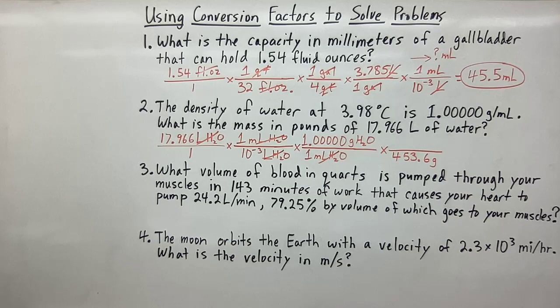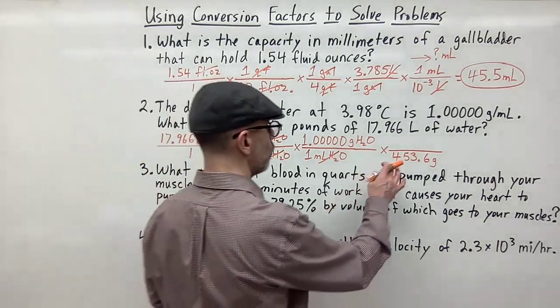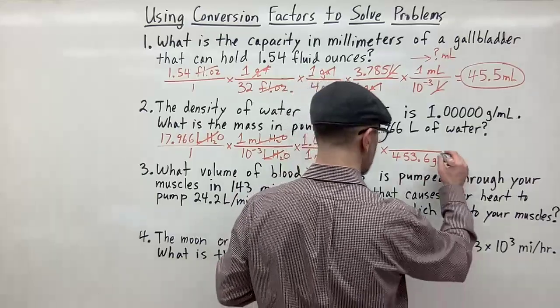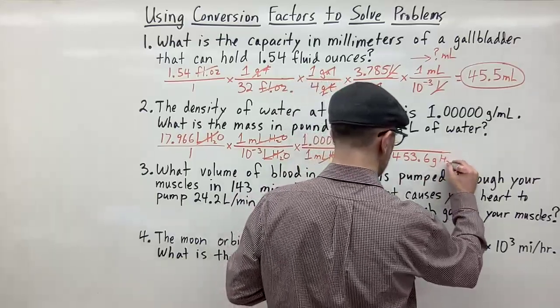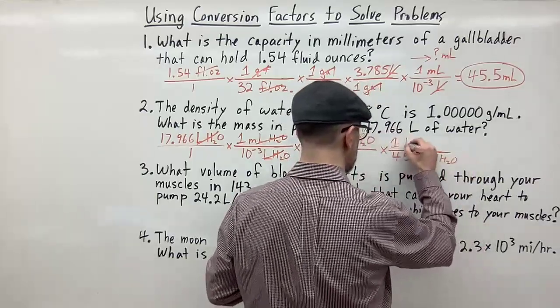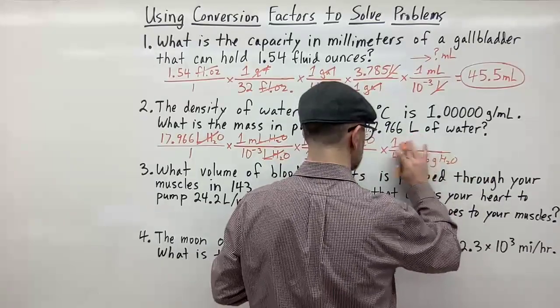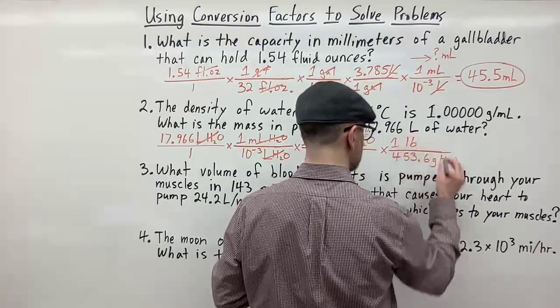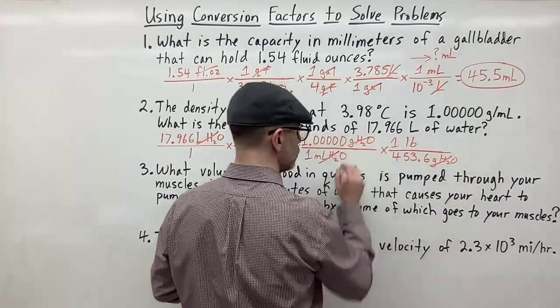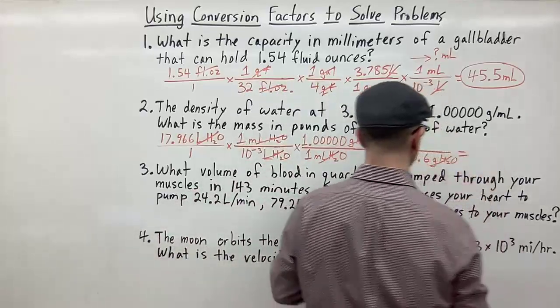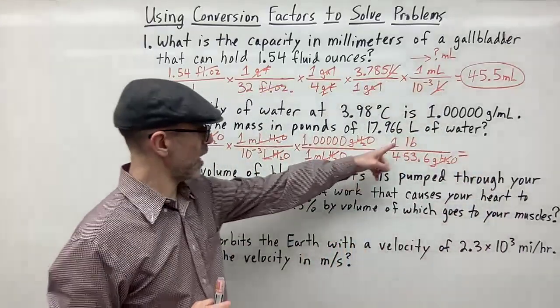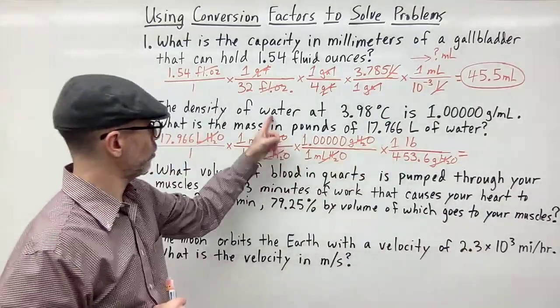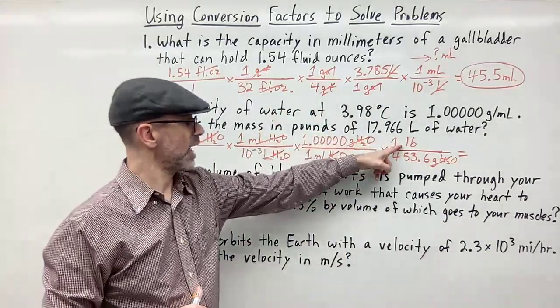Yes, 453.6. So 453.6 grams of water is equal to 1 pound of water. So grams are going to cancel out. And now I have pounds. So that's what they're looking for. We want pounds. So we stop here.